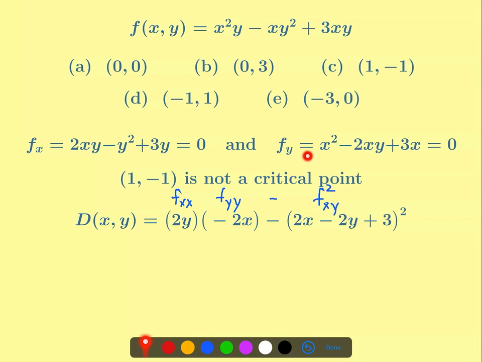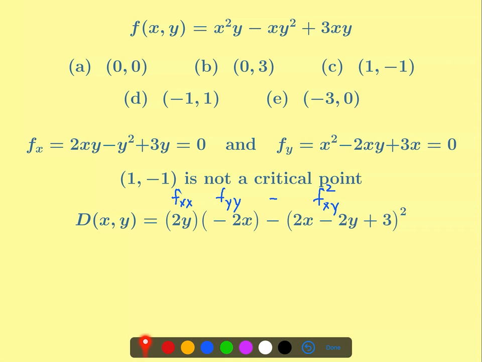We take the derivative here with respect to y, and here we're going to get a minus 2x, and that's where this minus 2x is coming from. We also need to take the derivative of this with respect to y, and that's going to give us a 2x minus 2y plus 3. And then again we want to square it, so we have this squared.